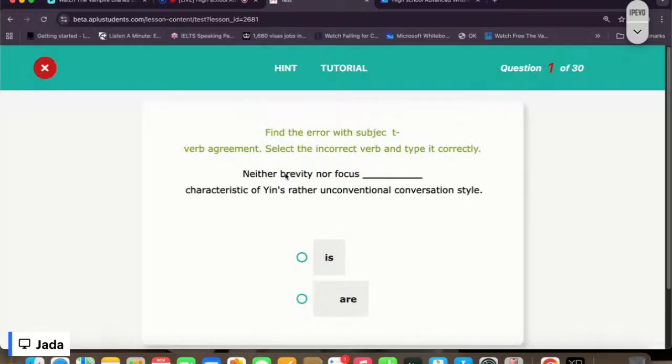To find the error with the subject verb agreement, select the incorrect verb and type it correctly. Neither brevity nor focus dash characteristics of Yin's rather unconventional conversational style, is or are?